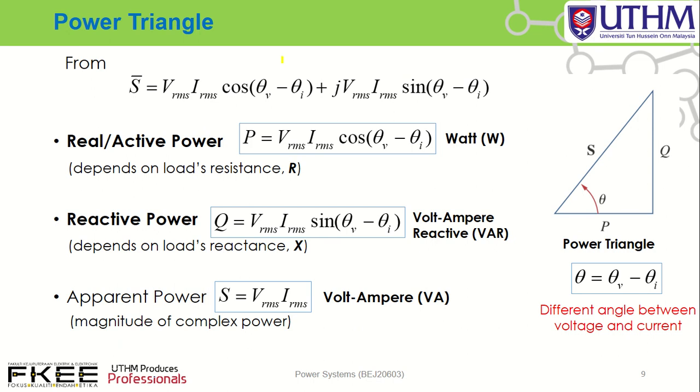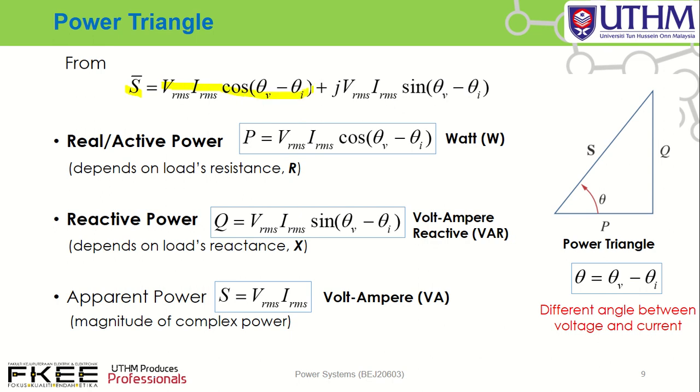Let's say we have complex power equal to V RMS I RMS cos(theta V minus theta I) plus j V RMS I RMS sin(theta V minus theta I). Real power means the real component of the complex power.